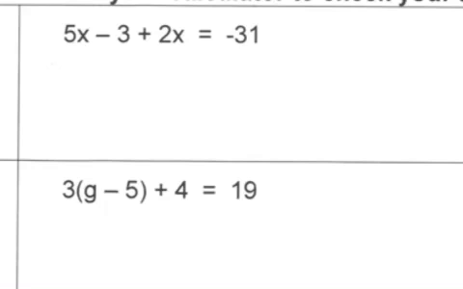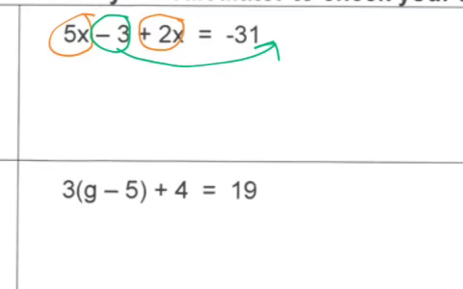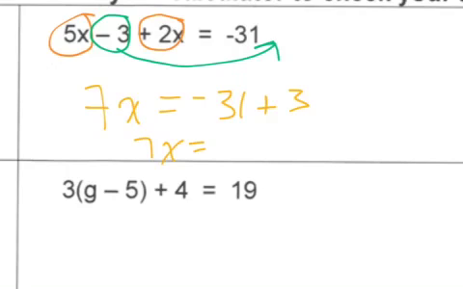Okay, first thing we need to do is combine our like terms, and what we also want to do is move this one that's all by himself over to be with its like term, be with its little brother, however you want to look at it. So if we do those two steps together, then we would end up with 5x plus 2x, or 7x, and that would equal a negative 31 plus 3, which gives us 7x equal negative 28.